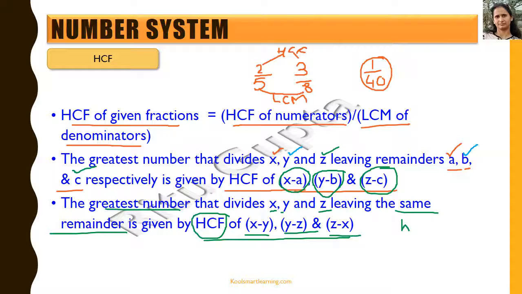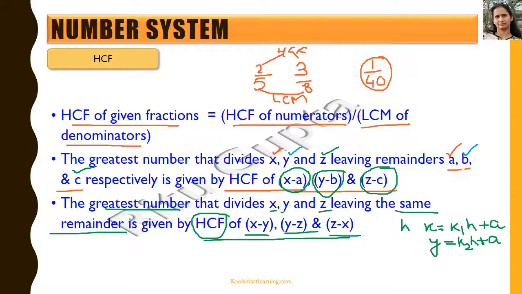Now since it divides x and leaves some remainder, x will become some product k1 into h plus a remainder a. Similarly, y would also be divisible by h, so we can say y is equal to some constant k2 into h plus the same remainder.